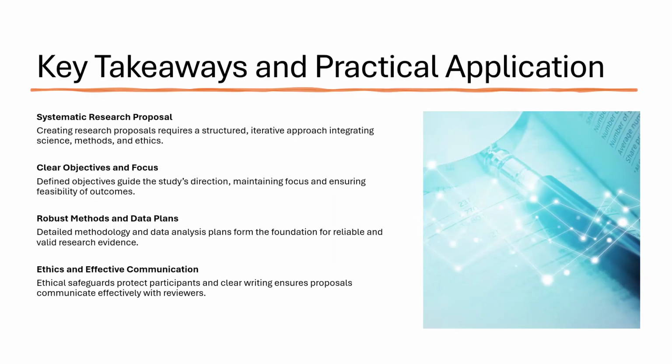And you should use robust methods and data plans, and you are aware of what you are going to do. And at the end, I would say make your proposal effective, and it should be compliant with the ethics so that it is approved very quickly and you meet the timelines easily.